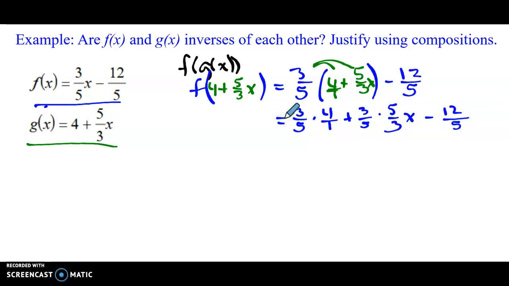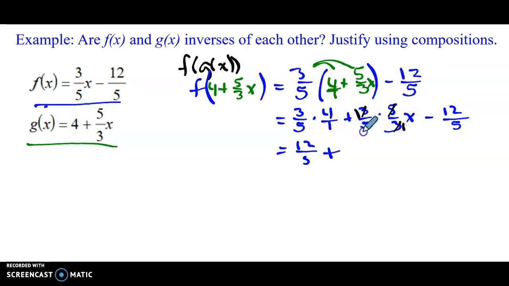Okay. So if we multiply straight across, we have 3 times 4, which is 12. And then in our denominator, we have 5 times 1, which is 5. So we have 12/5 plus, well, I have 3. And then because we're multiplying, both of them are divisible by 3, so this is 1.